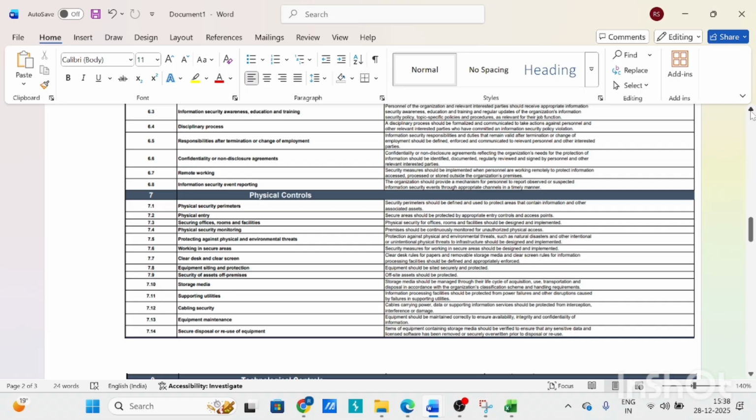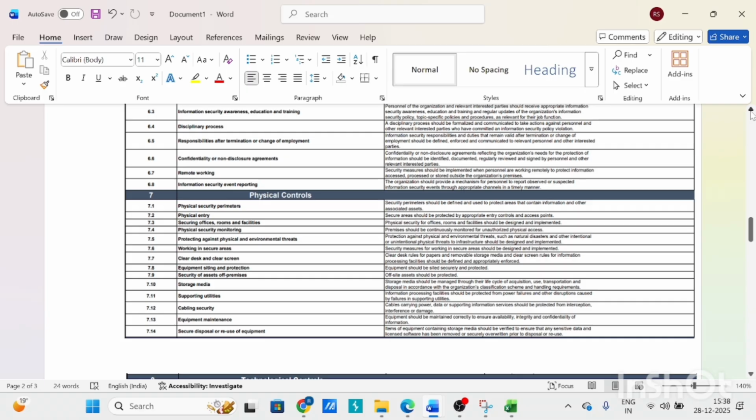Supporting utilities come under 7.11, where information processing facilities should be protected from power failures and other disruptions caused by failures in supporting utilities. Cabling security is 7.12. In this section, the cables carrying power, data, or supporting information services should be protected from interception, interference, or damage.